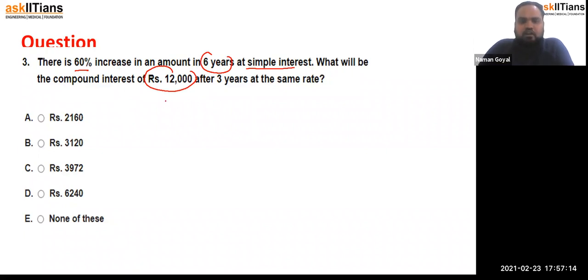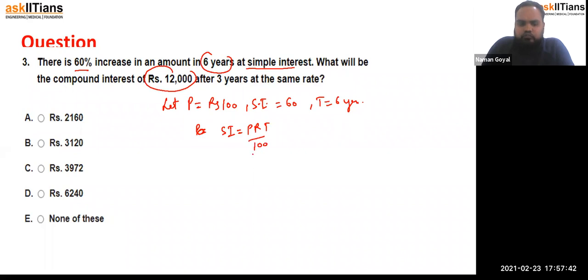Okay, so let P be equal to rupees 100, to make the calculation easy. Then SI, simple interest, is 60, and time is 6 years, right? As we know, SI is equal to PRT upon 100.